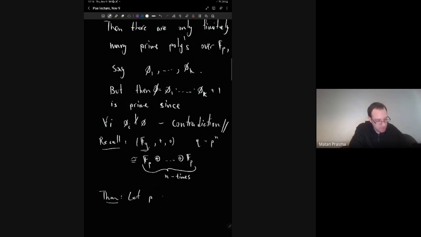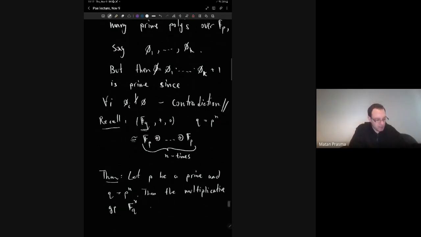Let p be prime, and take q some fixed power of p. Then the multiplicative group, which we denote as Fq star, right?